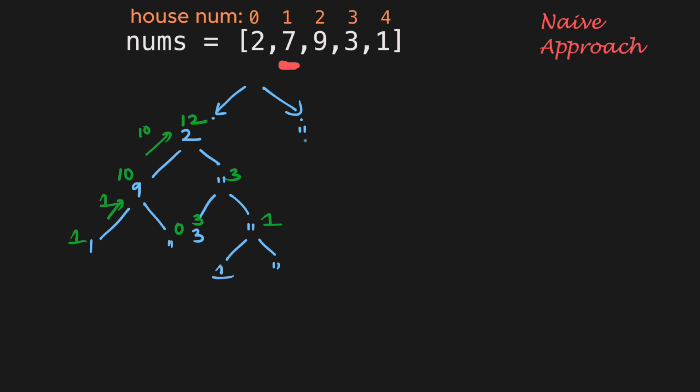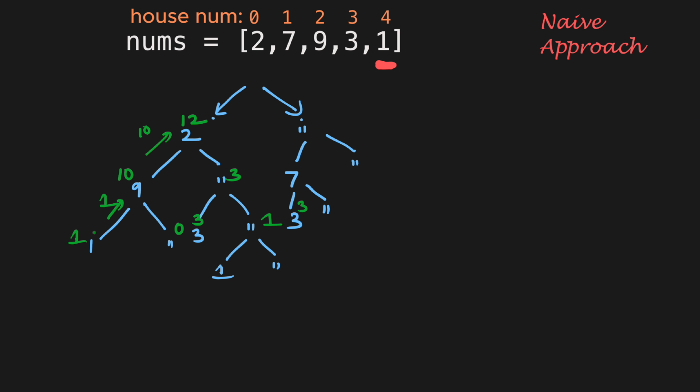And again we will have two possible choices, either to rob it or skip it. Now if we rob it, we cannot rob house number 2, but we can rob house number 3 instead. And again we can rob it or skip it. Now if we choose to rob it, we encounter a repetitive problem because we have already solved it here, which resulted in loot of 3. So we will return 3 from here. And if we skip it, we will try to rob house number 4.